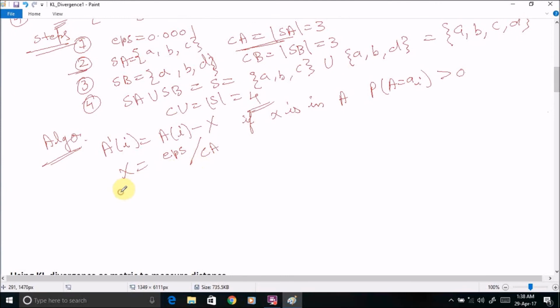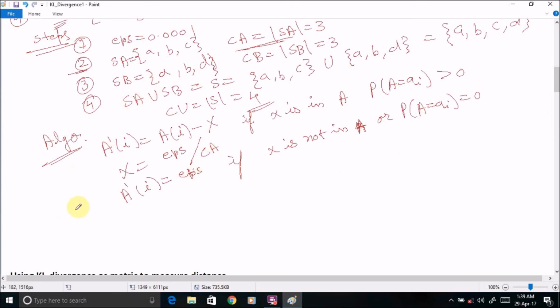The next part is A dash i is equal to EPS if the event is not in probability distribution A, or equal to 0.